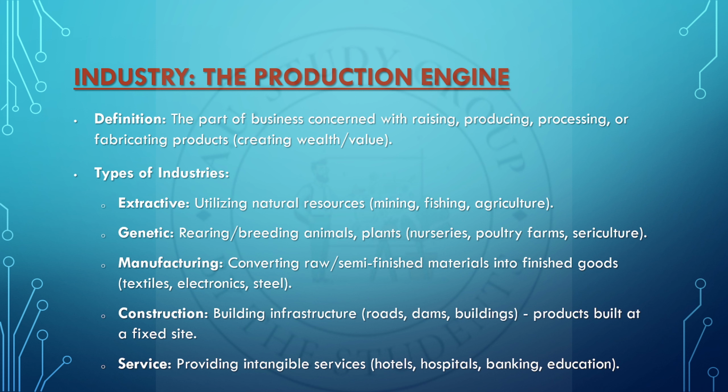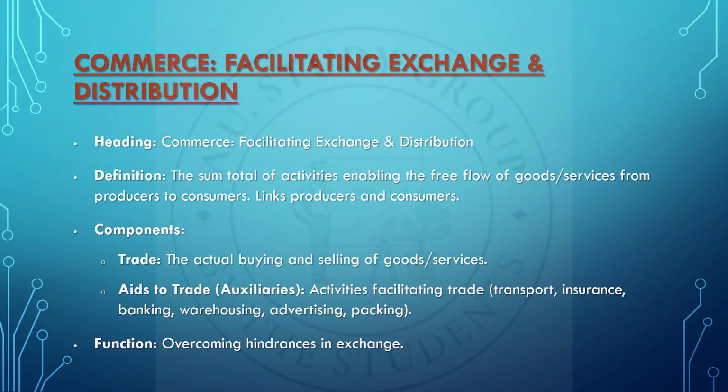Once goods and services are produced by the industry, how do they reach the consumer? Industry only manufactures or produces them. That's the second type of business, which is commerce. Commerce includes all activities that facilitate the exchange and distribution of goods and services.